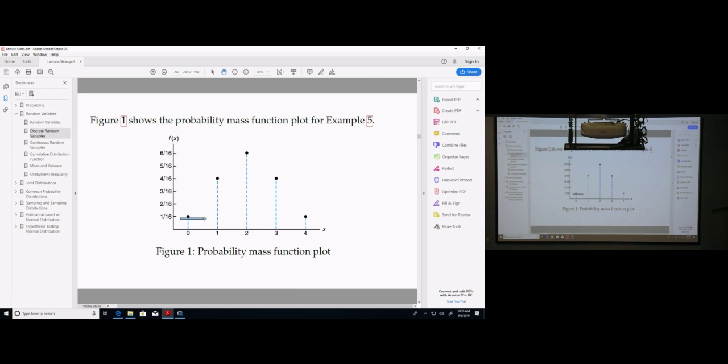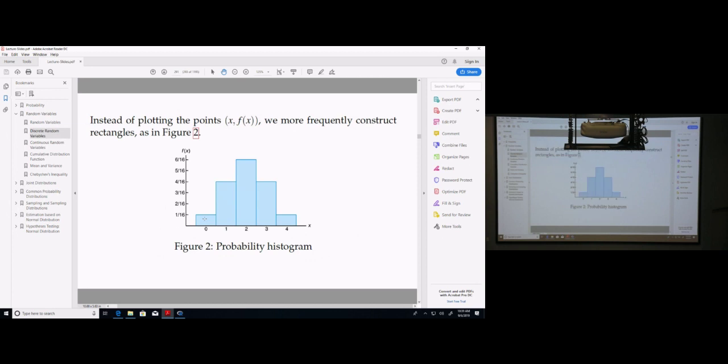Because the base is equal to 1, this is the length of the base, right? And then this is the height here. So if the height corresponds back to what we have, and since the base length here is always 1, the area is actually equal to the height. All right? So this is this.